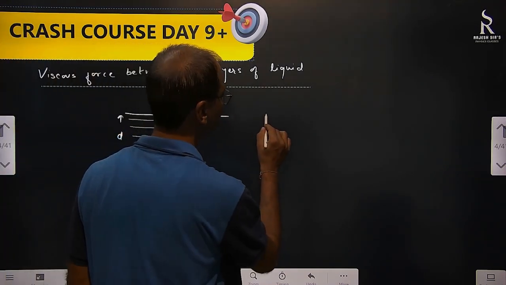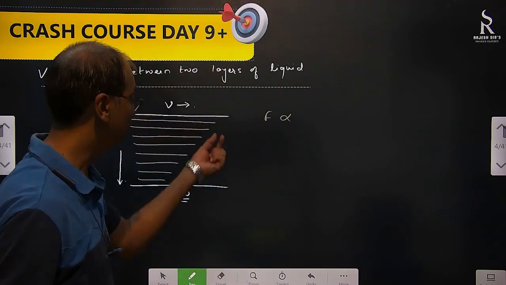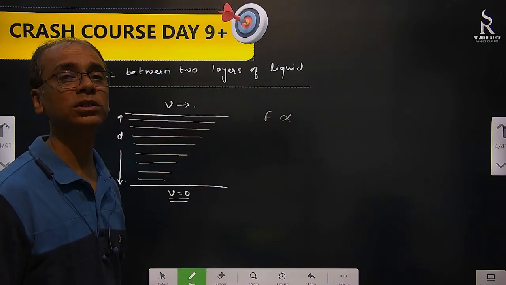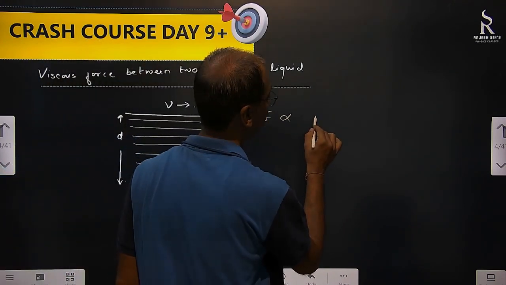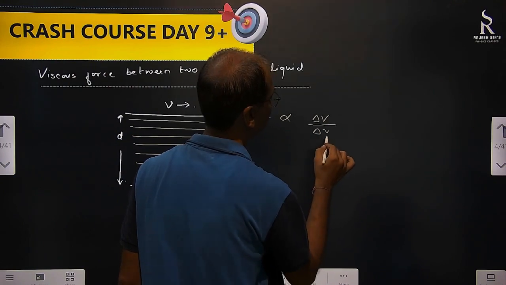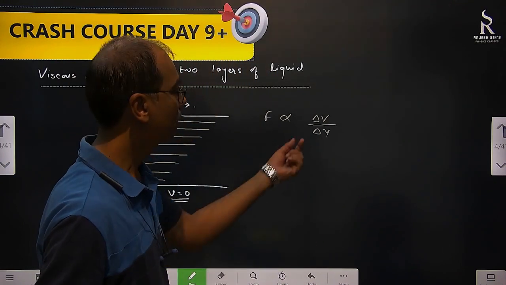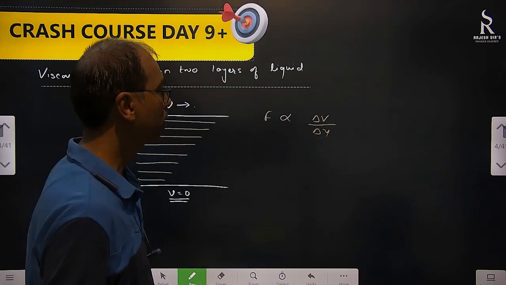In this case, viscous force is proportional to the rate of fall of velocity with depth. You can say velocity gradient, delta V by delta Y. Delta V means fall in velocity per unit depth.